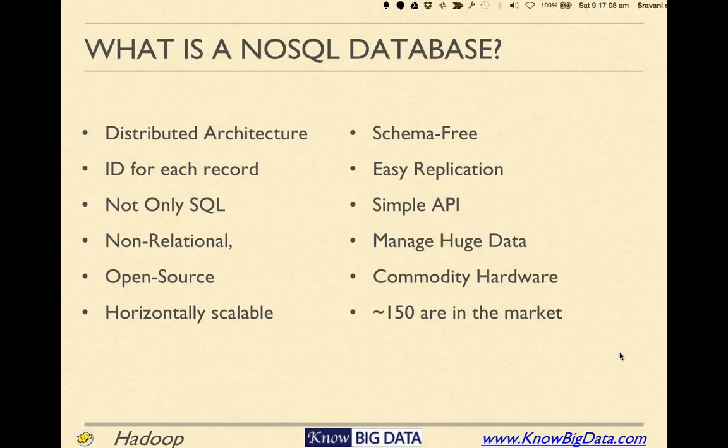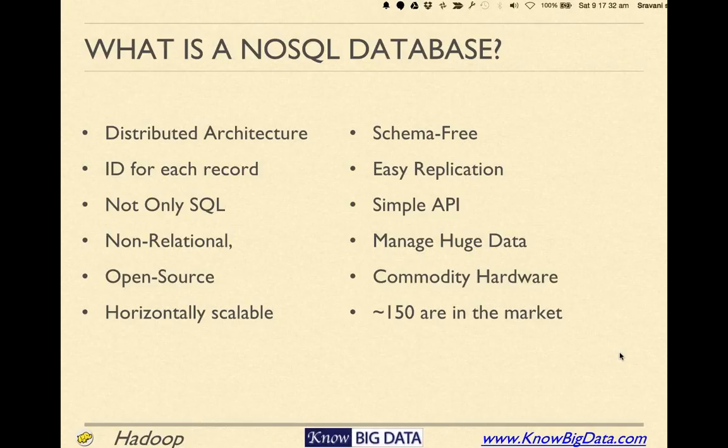Horizontally scalable, meaning scale out, as in you can keep on adding more and more machines and so on. Schema free. Most of these NoSQLs are designed for performance, they are designed for load.